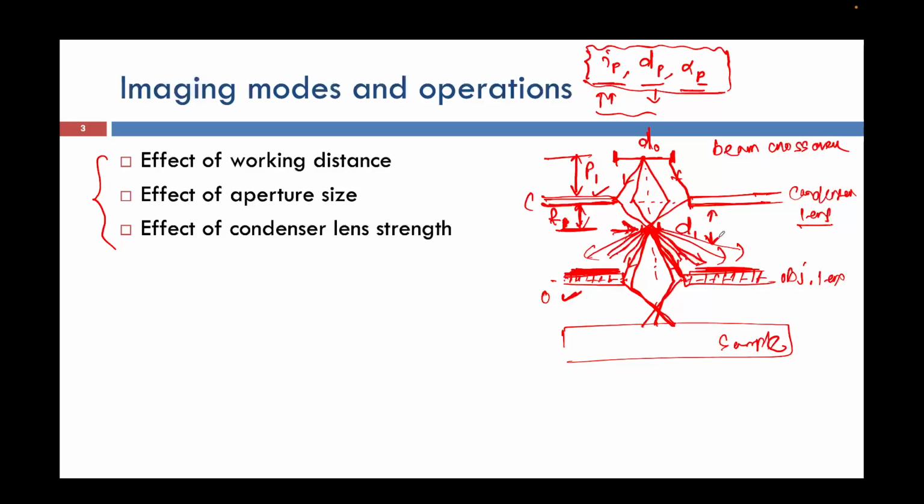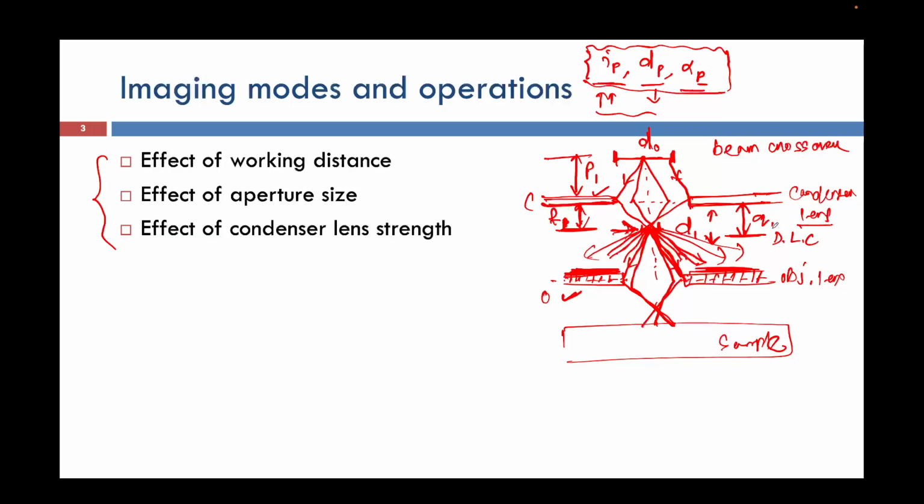That means we have to select now the disk of least confusion. Let's say for now the disk of least confusion is not equal to f1, right? So this is the disk of least confusion.